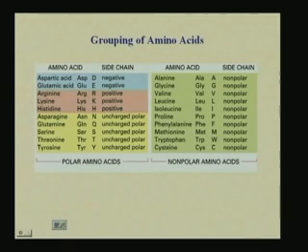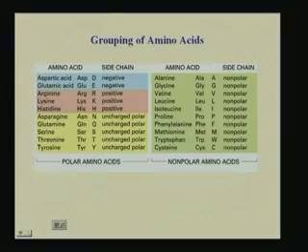The grouping of these amino acids is very important. Now, if you go to different sites or even different books, there are subtle differences in the groupings. But that doesn't really matter, because what we will be looking at is the gross groupings.